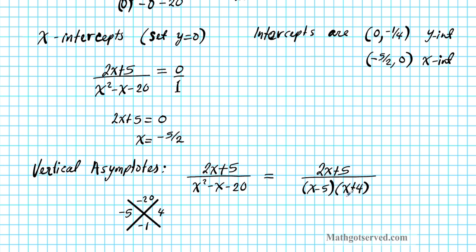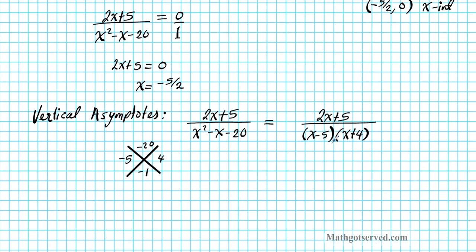Now the importance of factoring and reducing is that the vertical asymptotes are the irreducible denominator factors, okay? So if we have anyone that cancels out, that is not a vertical asymptote. That is a point or removable discontinuity.